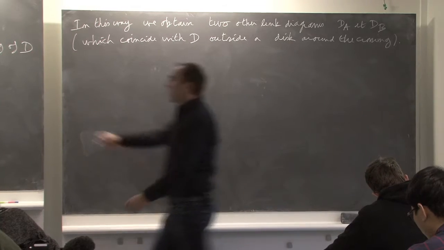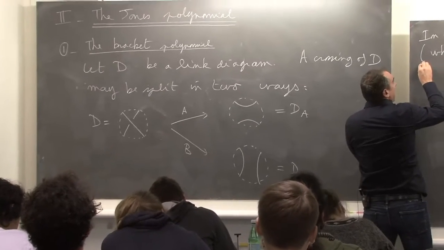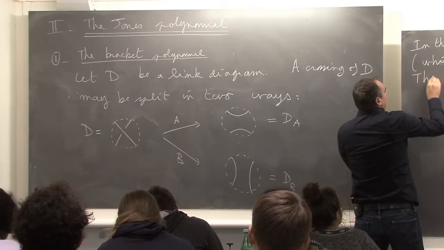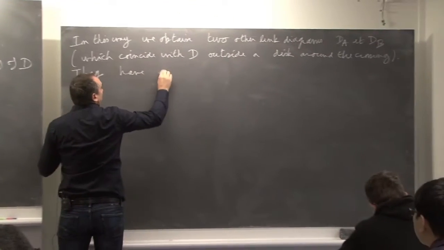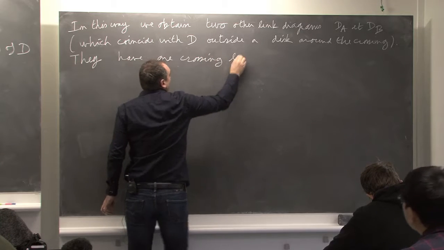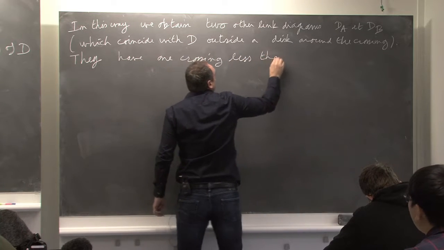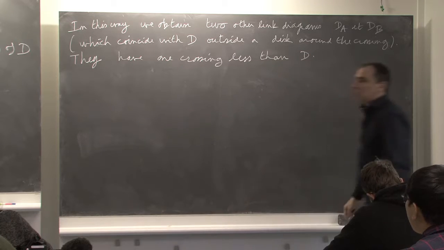And as you can see, D_A and D_B have one crossing less than D. Okay.